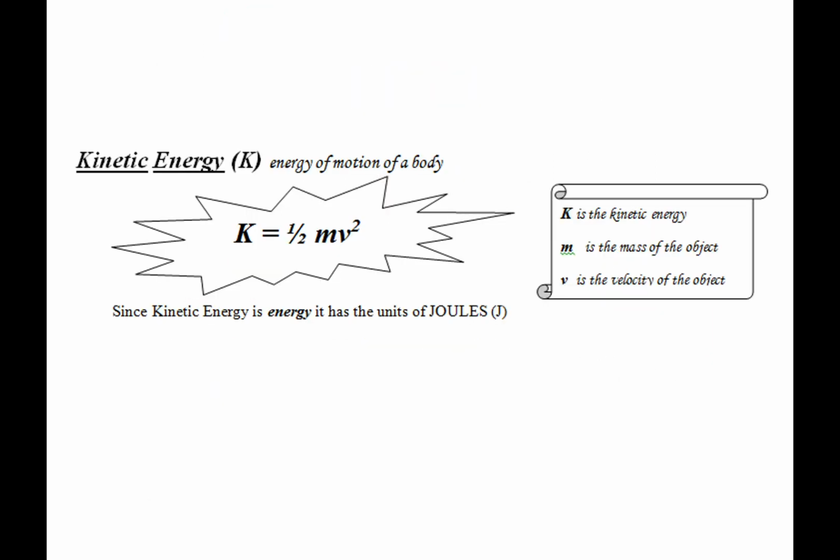On your next page, we define kinetic energy as 1/2 mv squared. We did this already. Remind me, what are the units of kinetic energy? Joules, heard it. What are the units of mass? Kilograms, heard it. And velocity? Meters per second, heard. Awesome. Nice job.